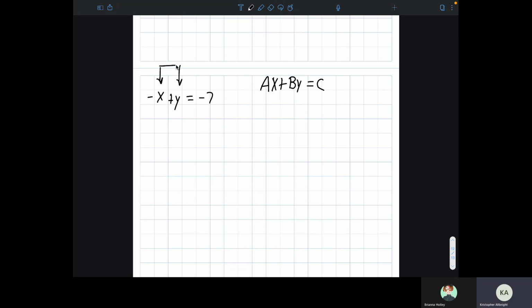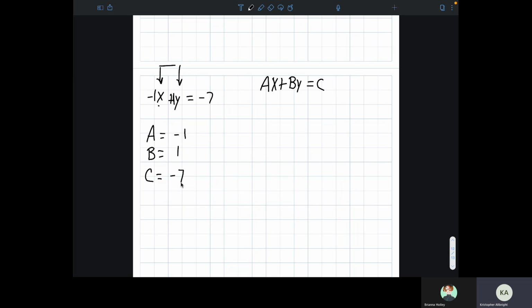So now we need to write our A, B, and our C out. So our A is going to be, I'm just going to put these 1s here, so we're going to have a -1 for our A. It's always the number with X. We're going to have a +1 for B and a -7 for C.